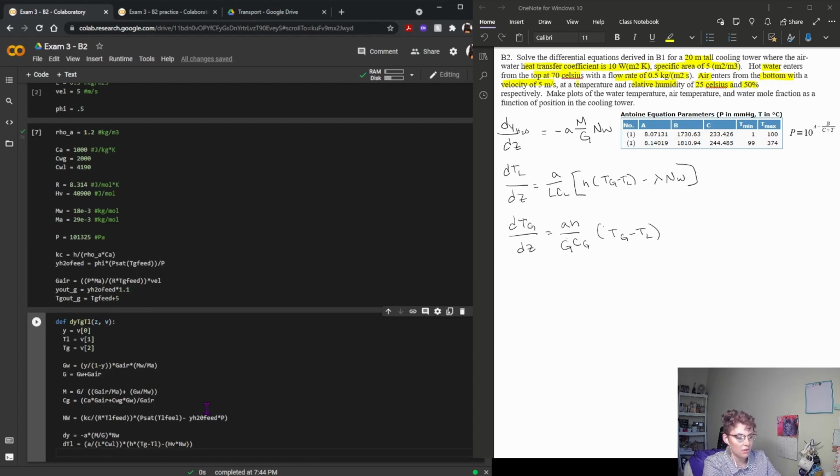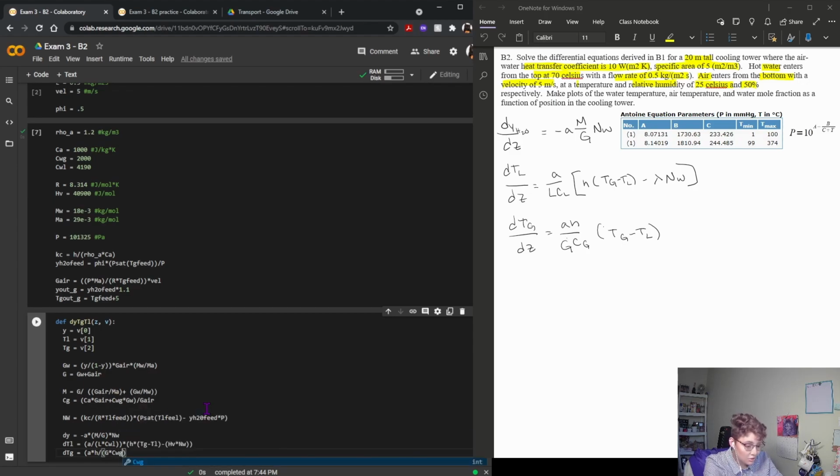And then we have our third differential equation, which is for the temperature of the gas, and that is equal to the specific area times the heat transfer coefficient divided by the gas flow rate times the heat capacity, the specific heat for the liquid water, and then, or no, sorry, I was reading the wrong equation.